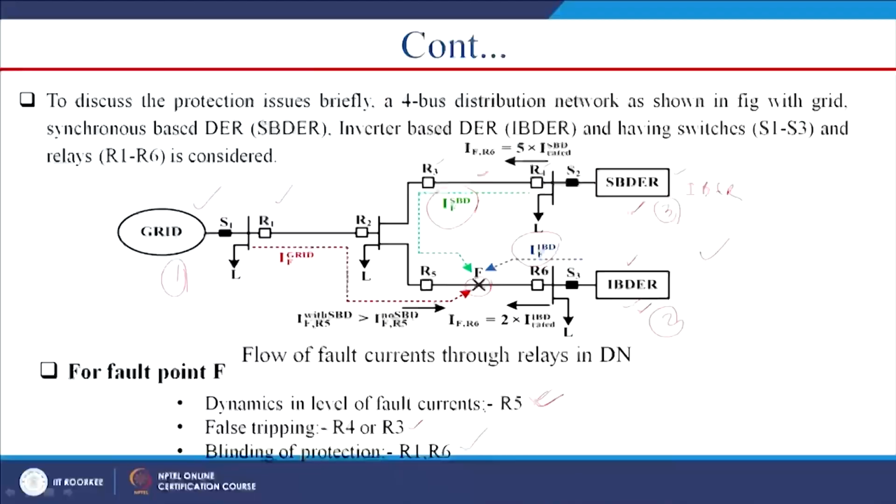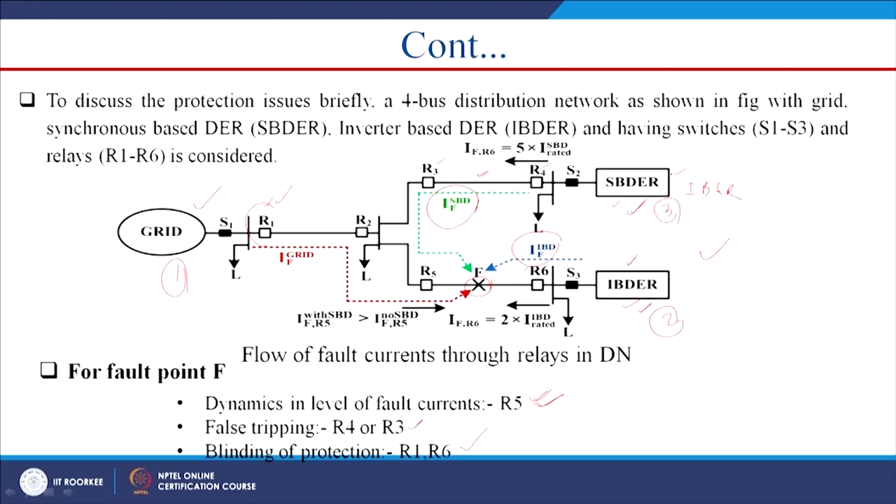Now, the third one is the blinding of protection. The relays R1 and R6 will see the blinding of protection. This is our R1 and this is our R6. Why will R1 see the blinding of protection? Because due to the integration of the DGs, the fault current will also be contributed by these 2 sources along with this grid system.